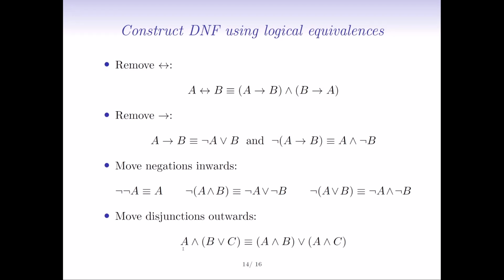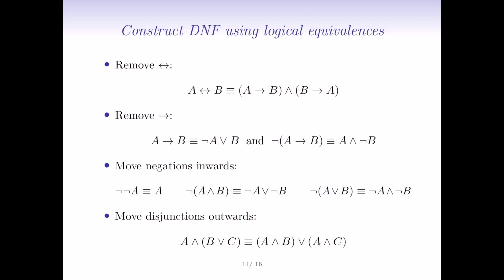So if you have a conjunction outside a disjunction, which is not allowed in a DNF, then you convert A and (B or C) to the formula (A and B) or (A and C). This has the effect of moving the conjunction inside the disjunction, although you can notice that the formula gets a bit bigger.